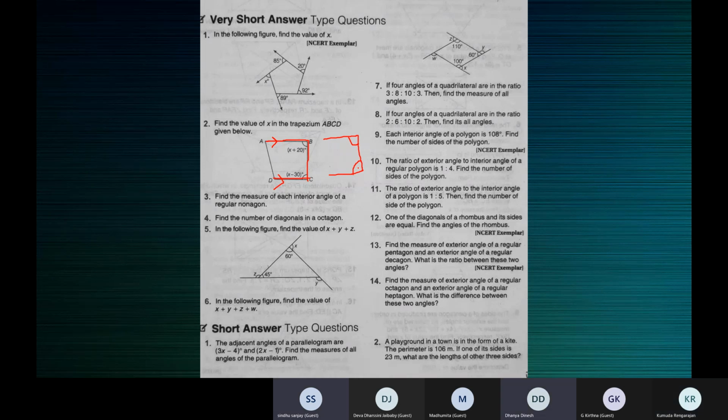Interior angles, ma'am. And what kind of interior angles? Interior angles on the same side of the transversal, ma'am. They are co-interior angles or allied angles, and they are supplementary.